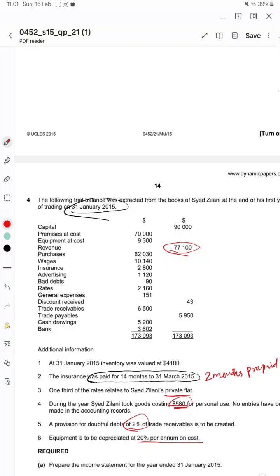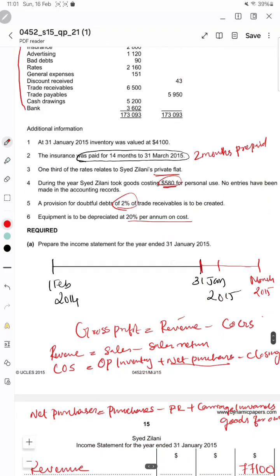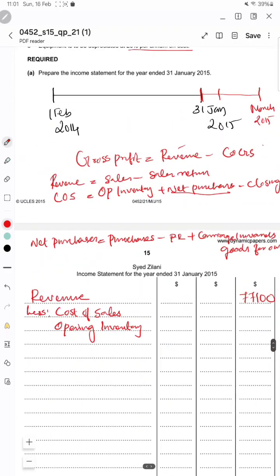Since there is no inventory available as per the question, you don't need to take it. If there is opening inventory, you can take it. Here there is no opening inventory, so you can either put 0 or omit that one.